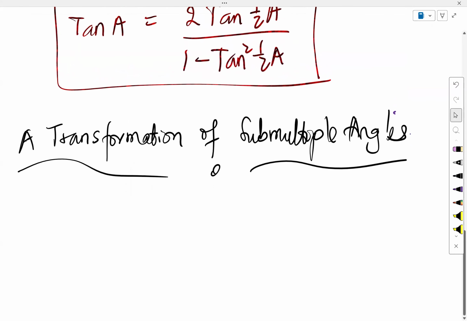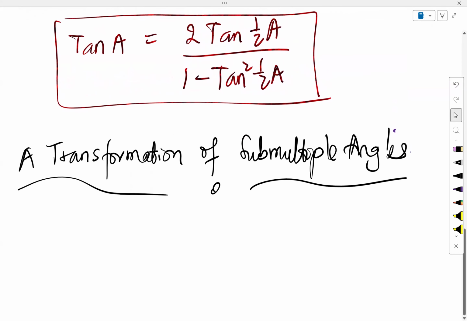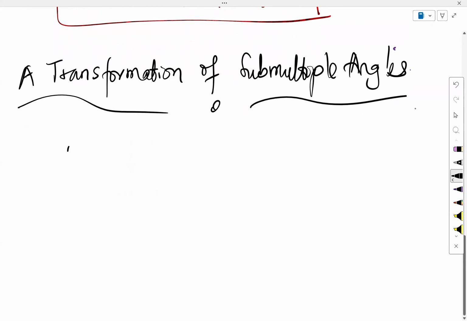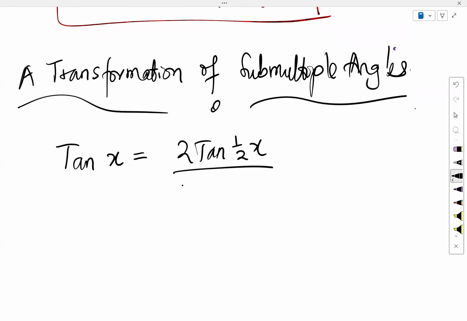You already know from what we just did that tan A is 2 tan half A over 1 minus tan squared half A. That means that if we are taking it to be tan X, tan X will simply be 2 tan half X divided by 1 minus tan squared half X. We know that. Now, let's do a transformation.